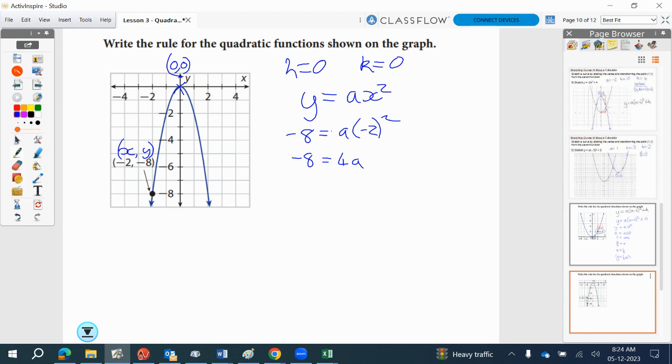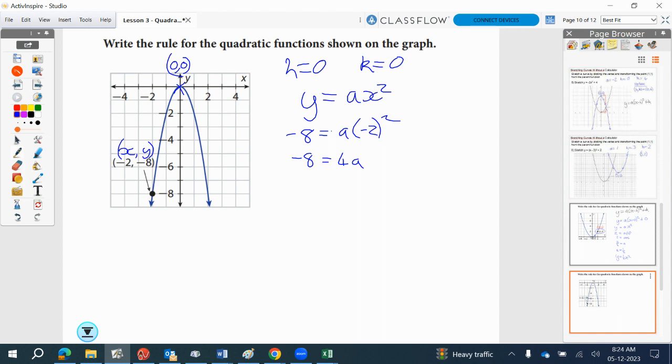How are we doing? Is this the solution here? Not quite, no. Do we get the solution? No. Divide both sides by 4.